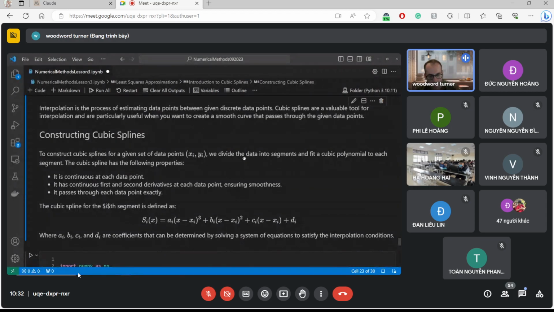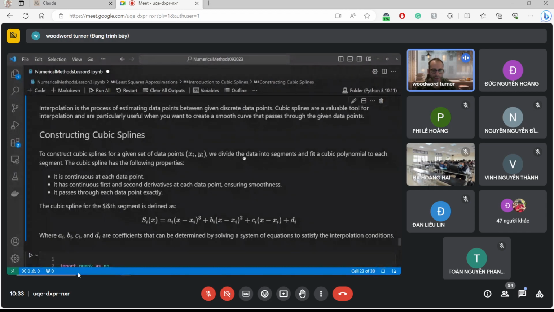And here, it's good to know that it has the following properties, okay? So it's continuous at each data point. That's a nice thing to have, continuity, but we had that before when we were looking at Lagrange polynomials, for example. The interpolating function goes through the data points in a continuous way. So it's definitely continuous at each data point.